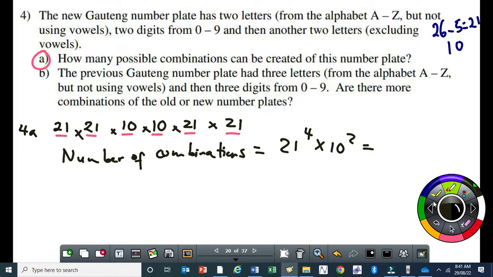What is 21 to the power of 4 times 10 squared? 194, 194? 48, 100. So that number is 194,480.